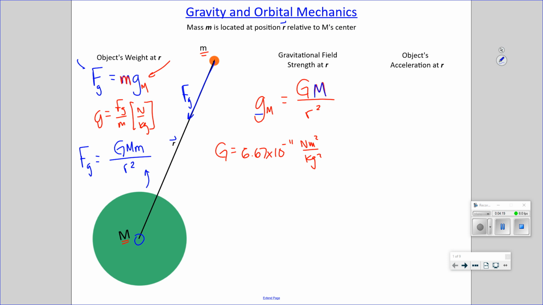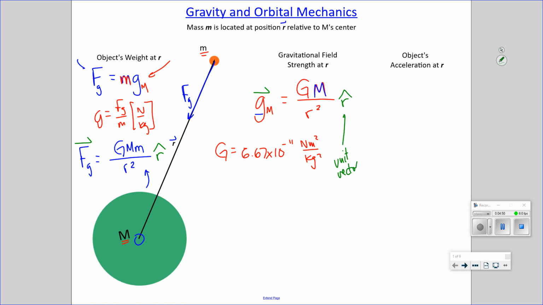Okay, if we want to be explicit about this, both g and force, field and force, are both vectors. By definition, they both point in what's called the r hat direction. The r hat direction is a unit vector, and that just means direction.